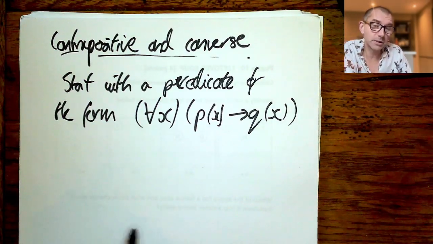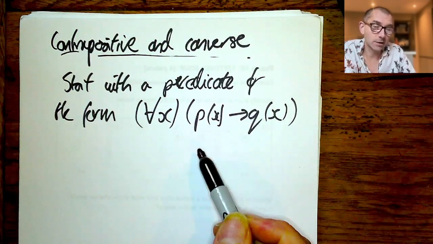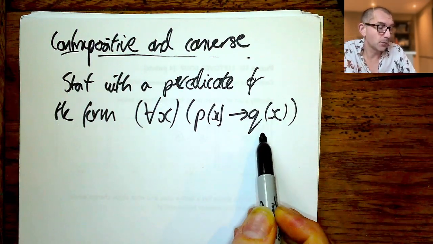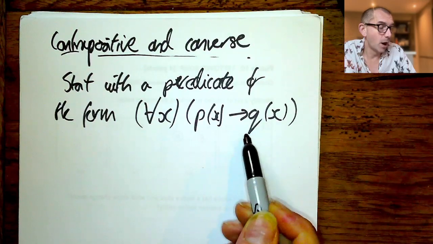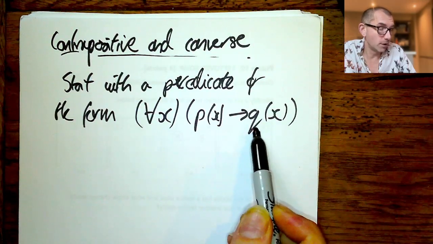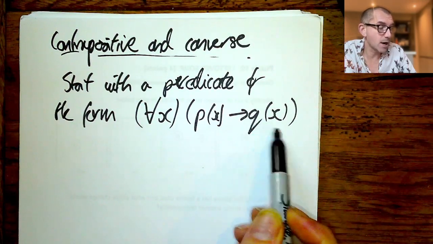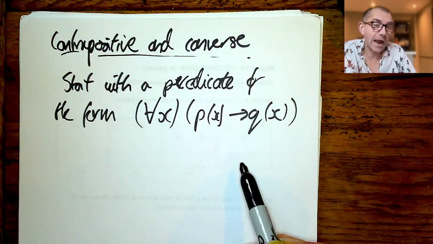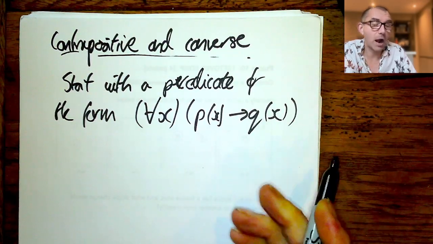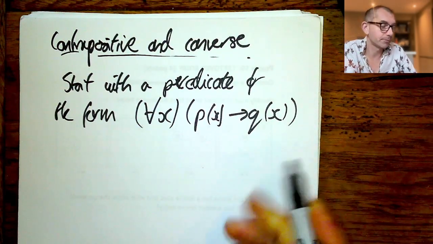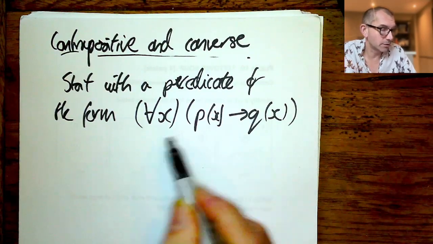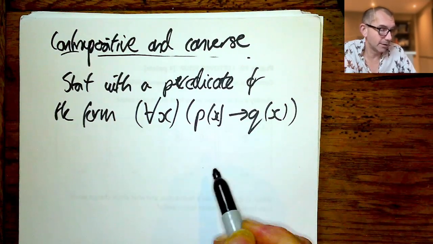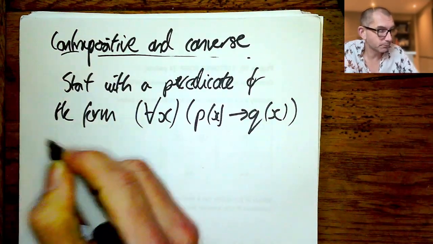The contrapositive gives you a way of saying something equivalent. In the example I just said, what it would be is: if there's a Fast and the Furious film I haven't liked, then I haven't seen it. Again, a bit of a strange way to put it, but you get the point.